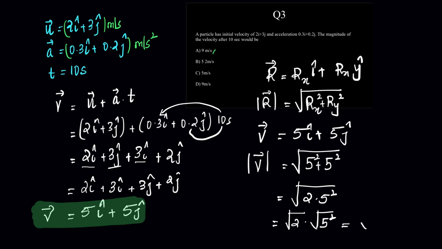Therefore it is equal to root 2 into 5, or 5 root 2, which makes the correct answer option P, 5 root 2 meter per second.